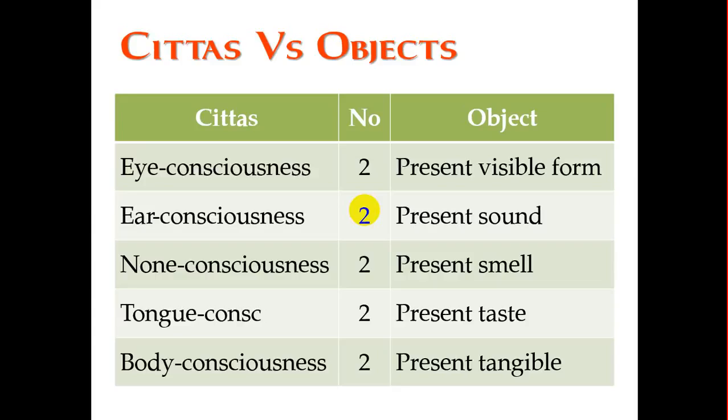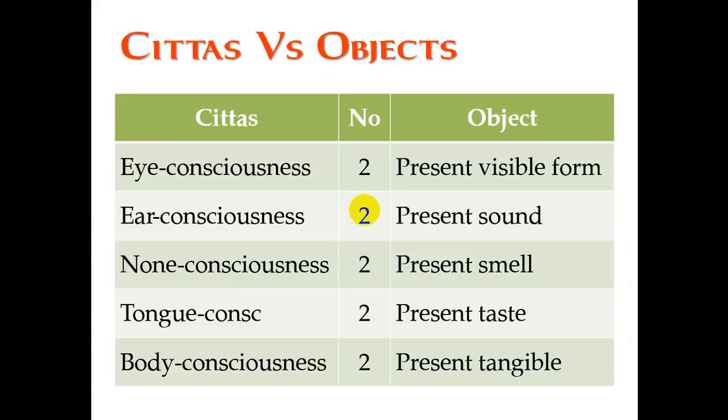Similarly, two types of ear consciousness take present sound. If you heard the sound of one person that you met yesterday, it is not a present one, it is already past. So here, two types of ear consciousness take only present sound.